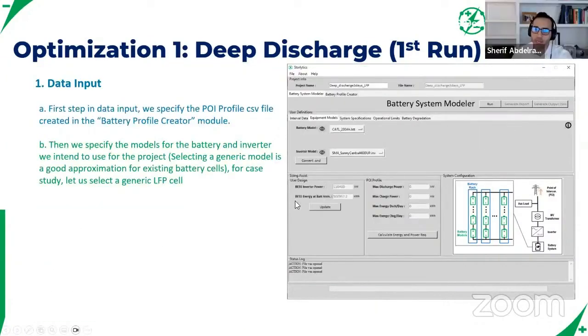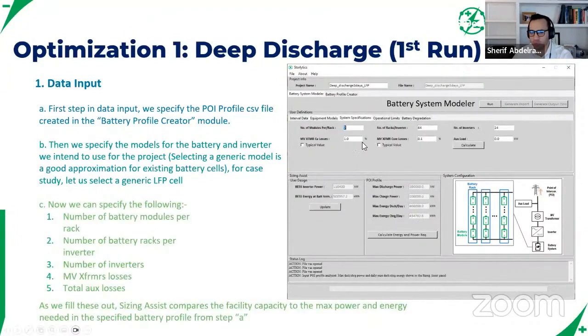No, I think I get what's being proposed. So what will happen is if you input something that's really off in here, like you have 1,200 modules in series, and that's equating to 100 kilovolts, when you click run, you'll get a message saying that your rack voltage is not matching your inverter DC input voltage.